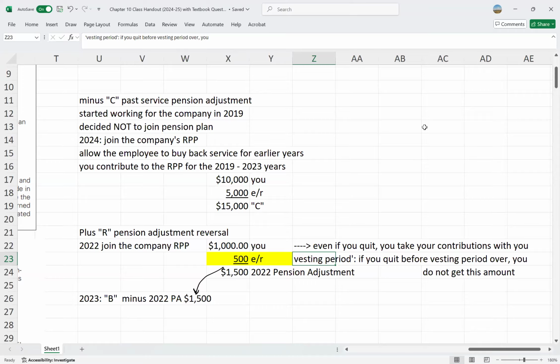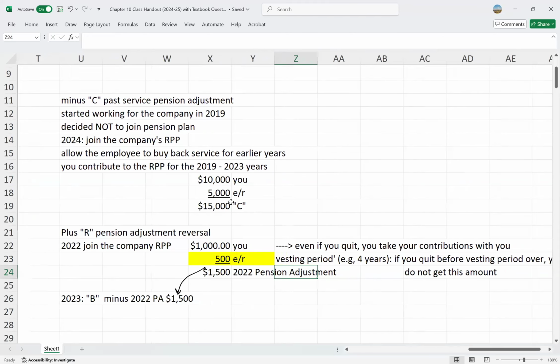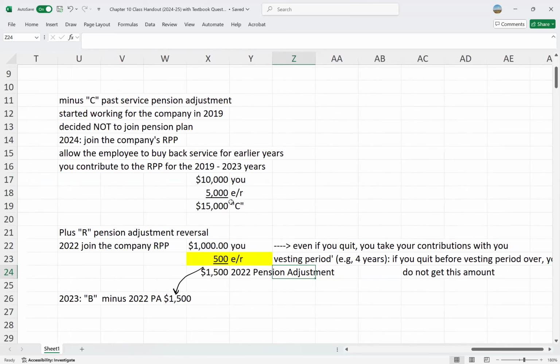Even if you quit, that will still be yours. But for the amount that the employer puts in, there's usually a vesting period. For example, let's say it's 4 years. Some companies, it might be a little bit less than that. I think when I was working at KPMG, it was maybe 3 or 4 years. So there's this vesting period.